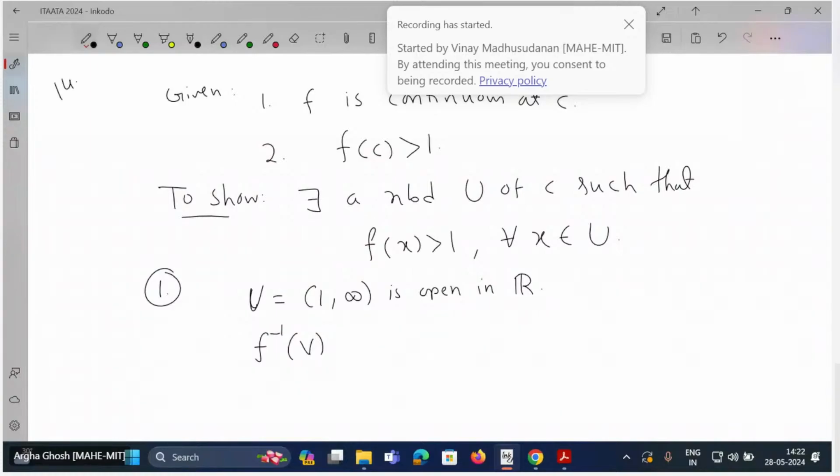Let's see what is going on. f inverse of V is open in R. So obviously V contains f(C) because f(C) is greater than 1.